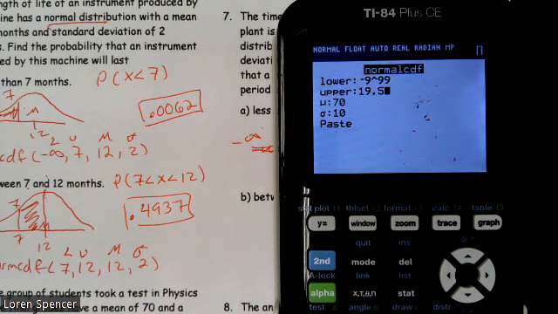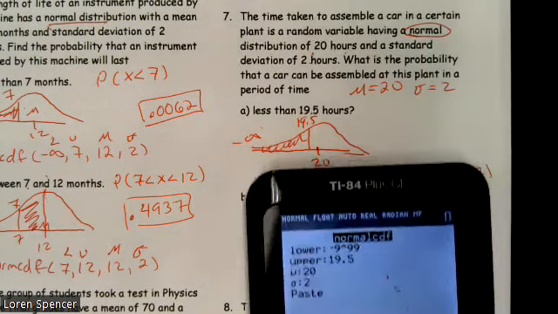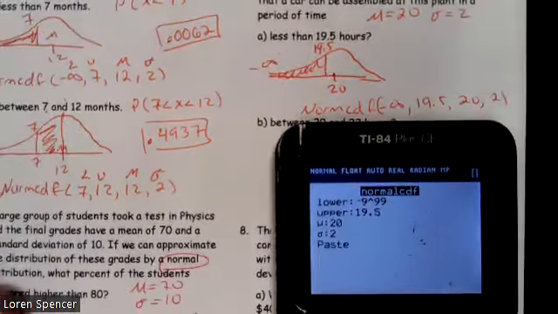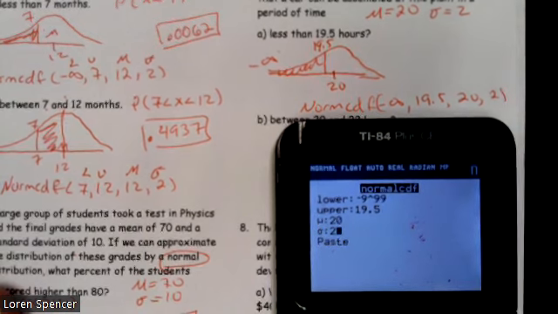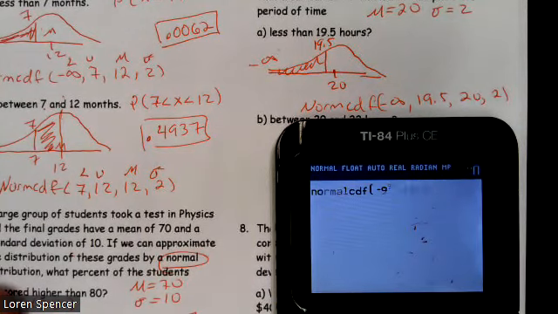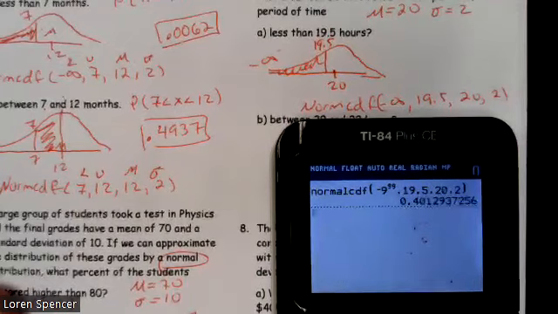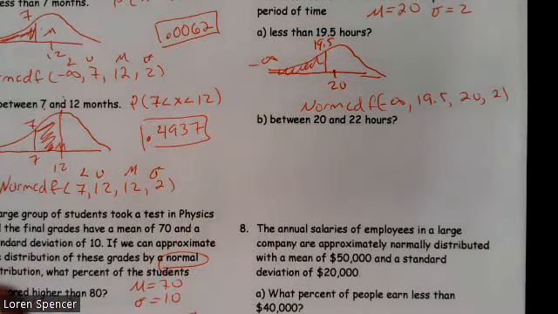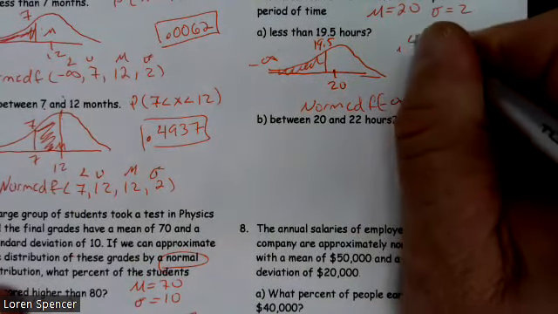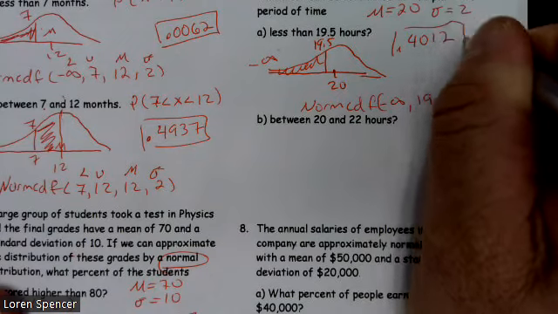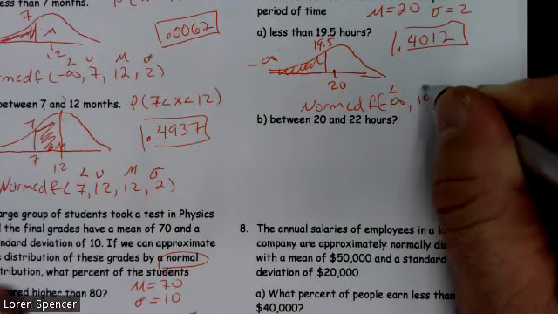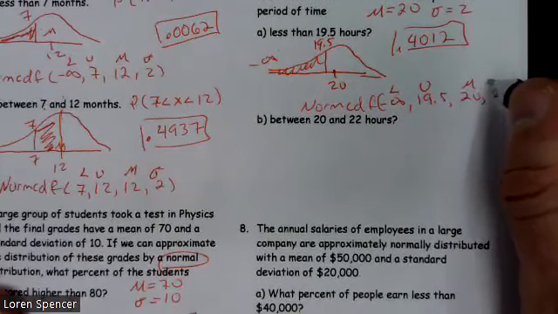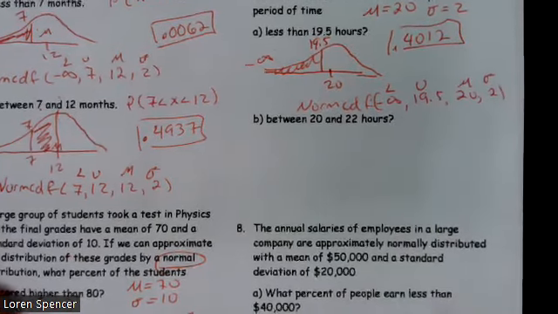Upper was 19.5. Our mean was 20. And our standard deviation was 2. We'll just check that out to make sure that we did that right. Press enter. And we end up with 0.4012. We make sure we label lower, upper, mean, standard deviation.